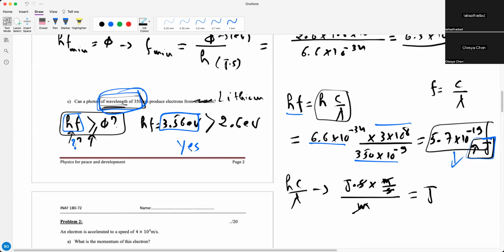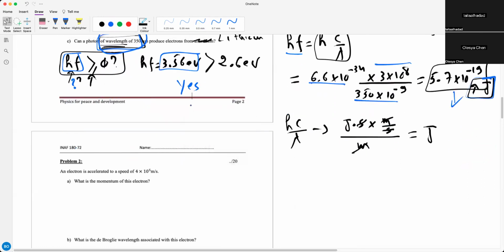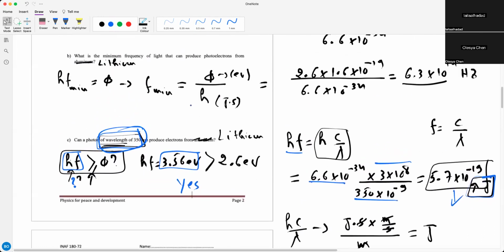Any question? Okay, so I have a question. In the exam, can we just say yes or no? No, you have to tell me. I need to understand that you understood how to get it. How would I know yes or no?